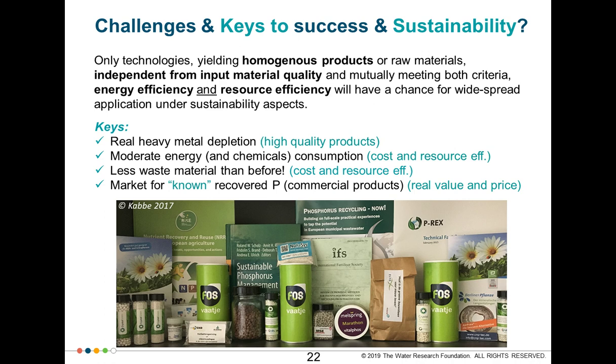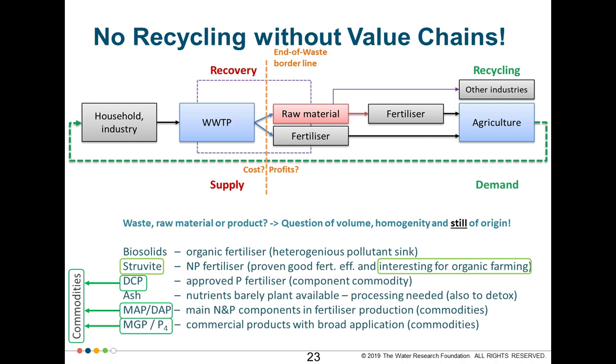And of course, since we want to reduce waste instead of increasing the volumes, in the end, we should have less waste after processing than before. And what we also learned in recent years, it's much, much easier to place P products on the market if they are already known on the market. So then you have the chance for real value creation and you get a positive price for it.